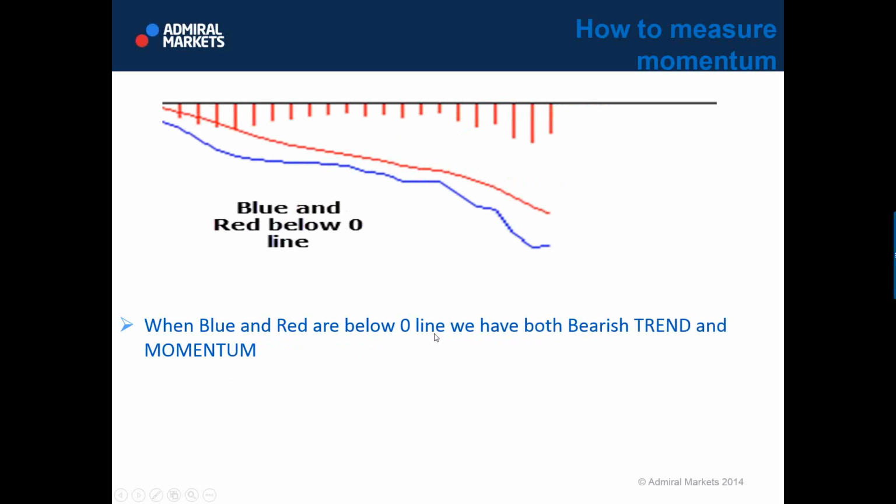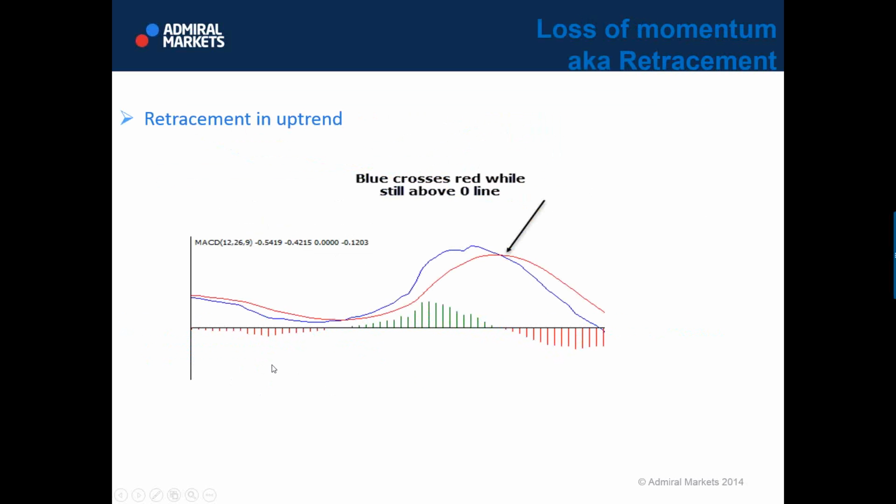When blue and red are below the zero line, we have both bearish trend and momentum. Now, if blue crosses red while still above the zero line, that means that we are going into retracement mode. So we are still in the trend, but we are having a retracement.